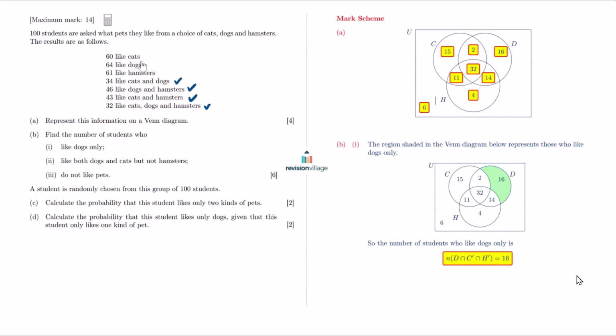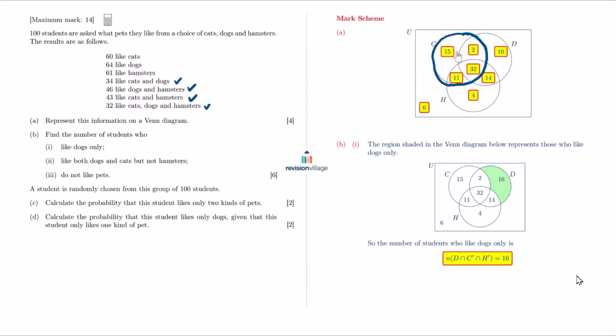So let's have a look at this here. 60 like cats. So the whole cat set is this circle here. Now, all of these numbers here need to add up to 60, because these represent all of the people that like cats, including those people that like cats and other animals.